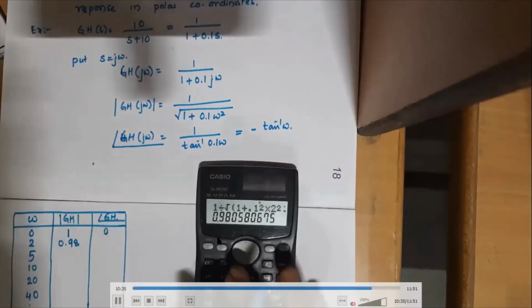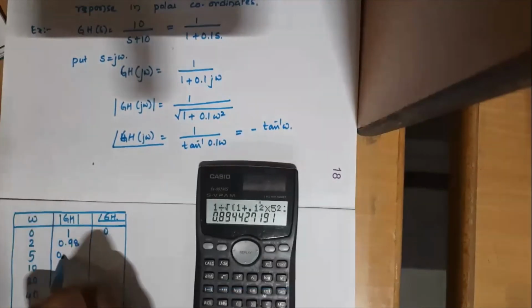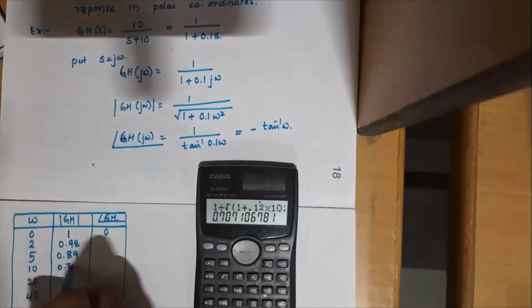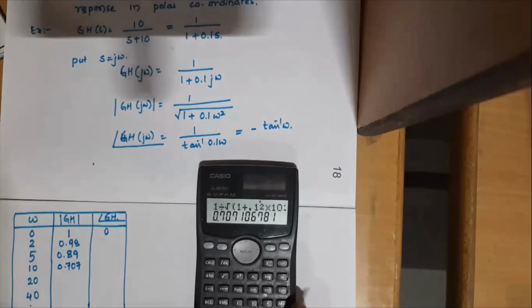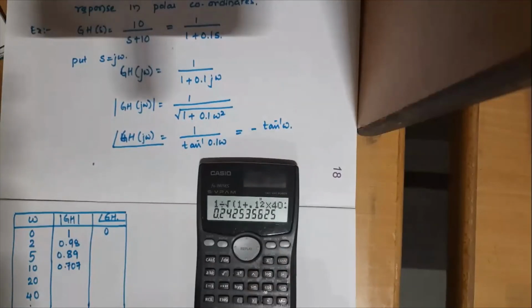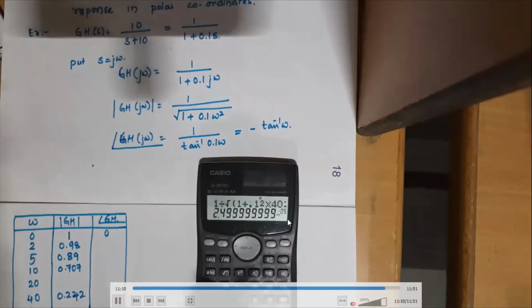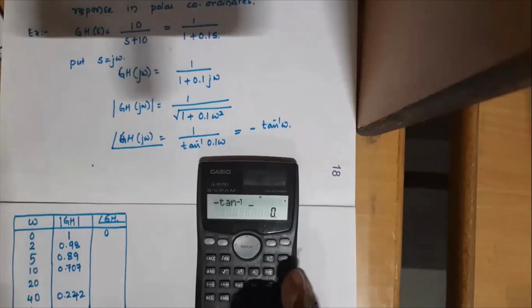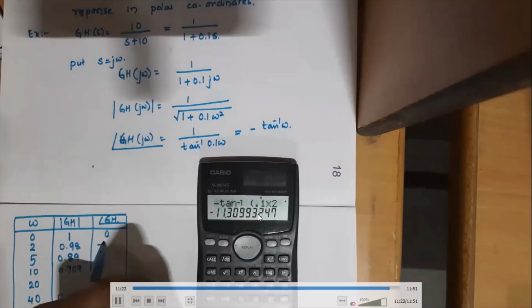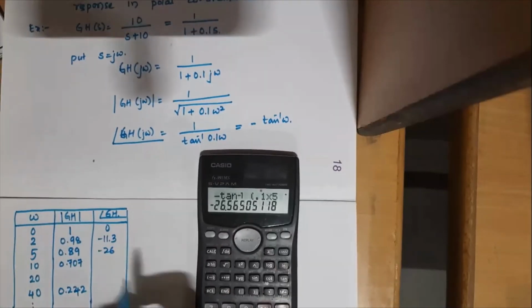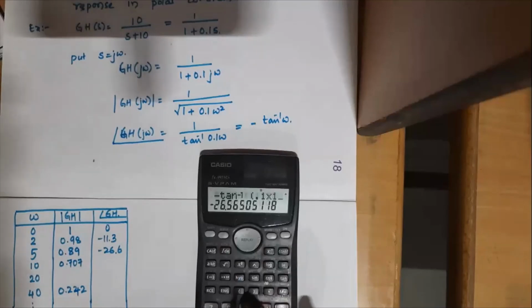So when omega is 2, my magnitude is 0.98. Then I am just changing the omega values and I'll go on doing this. For infinity, I will simply substitute a very high value, which gives me a value nearer to 0. Then calculate the phase angle, minus tan inverse of 0.1 omega. For different omega, I will get different phase angles.